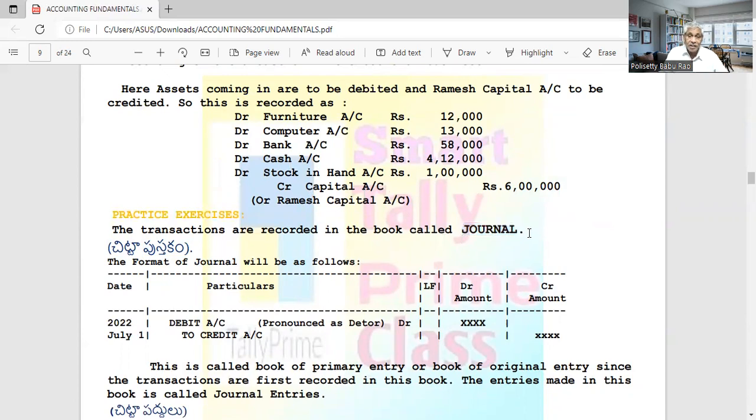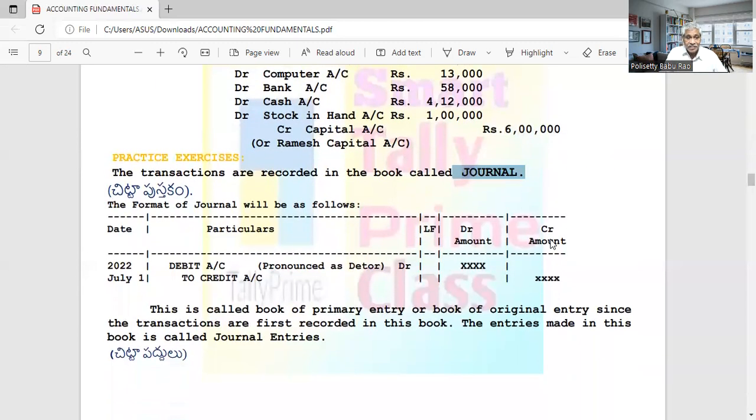In this journal, we are recording these transactions for the first time. That is why the name of the book is journal. The journal is also called book of primary entry, as we are writing for the first time. So this book is also called book of primary entry or book of original entry. We are entering for the first time originally.